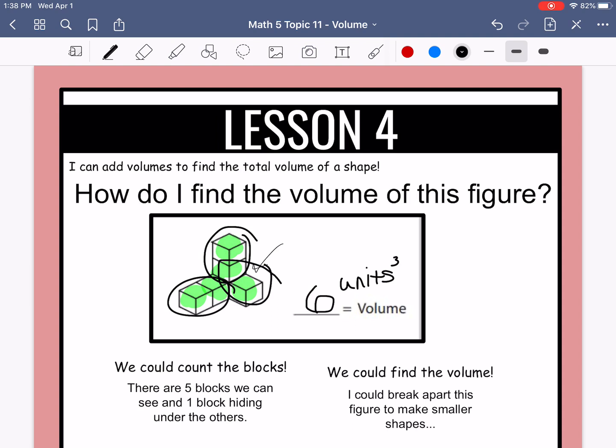It looks like there's 3 sets of these 2x2s. If we drew it out, we have 3 sets of these. Yes, we could figure that out, but that's really getting tricky, isn't it?